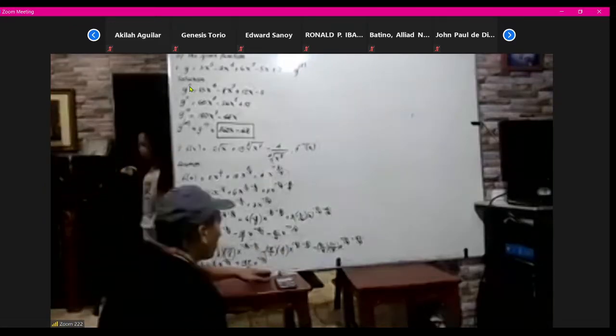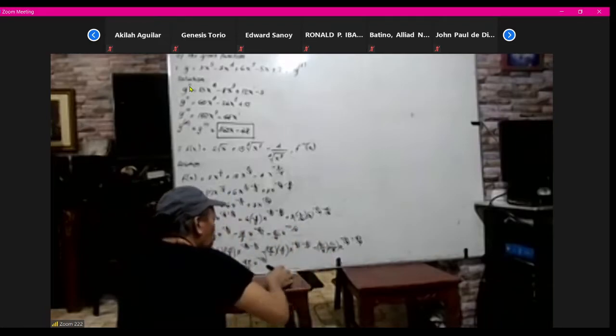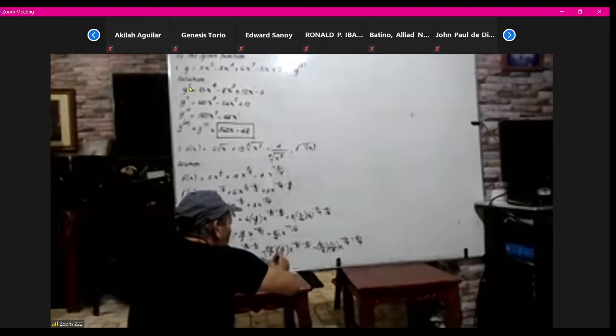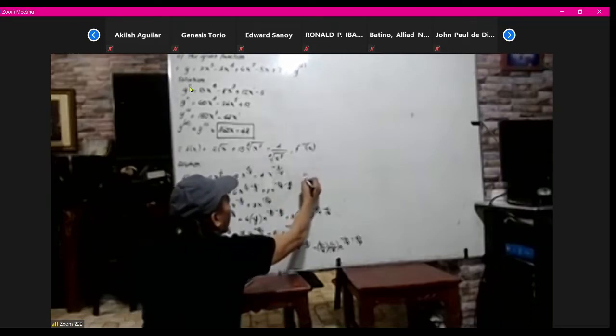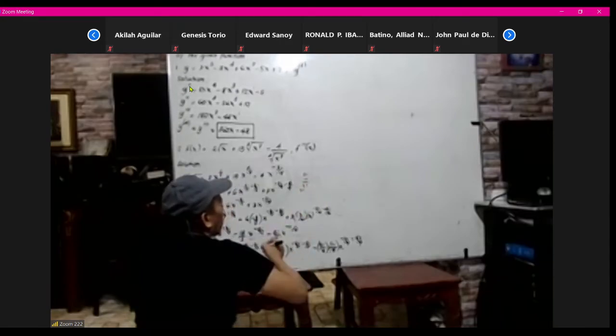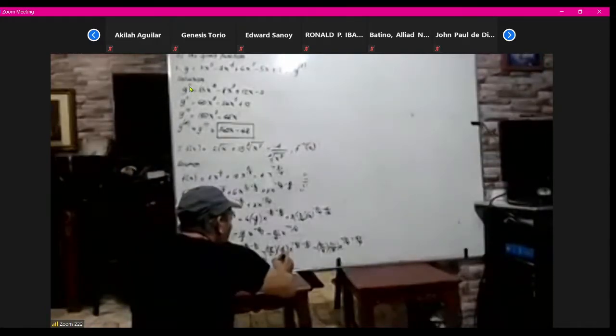Yan. Next, kumunod. Negative 21 times 11. Okay, so ano sagot natin dito? Equals negative. Okay, 21 times 11. 1, 2, 1, 2. So that is equal to 231. Negative 231.